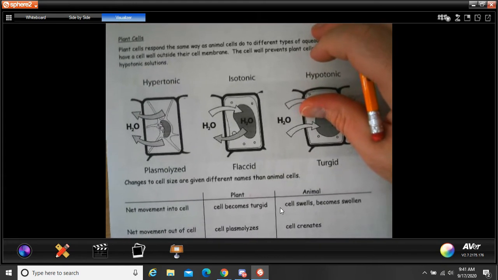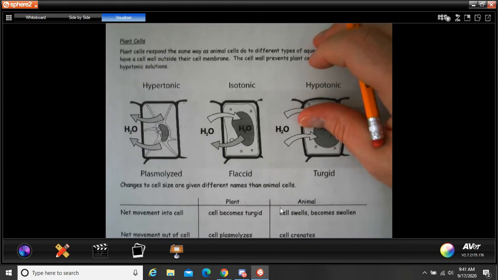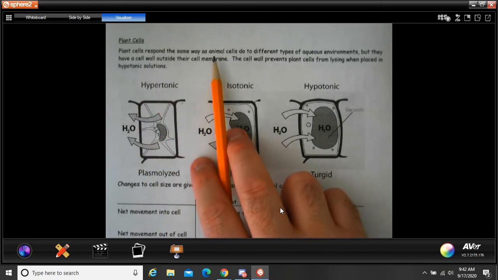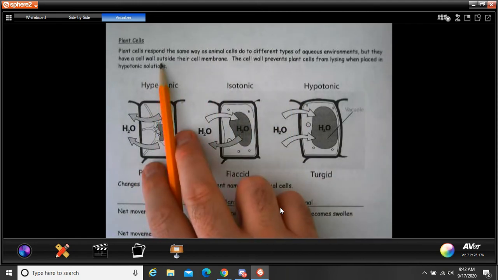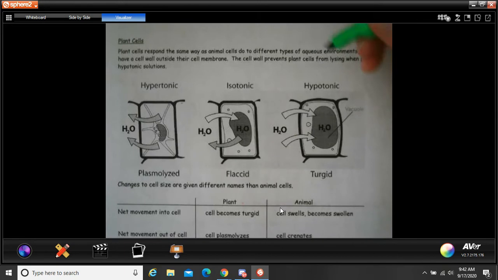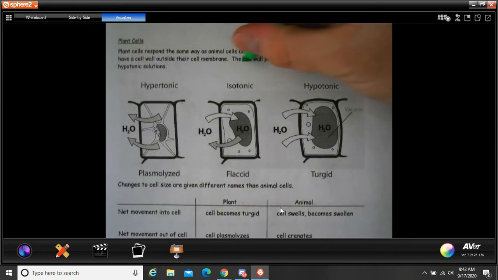The plant cells go through a slightly different process because they have another organelle called the cell wall. So they respond differently to these solutions. They still have kind of the same effect, but they have something that will prevent them from lysing. So cell walls prevent cells from lysing in a hypotonic situation.